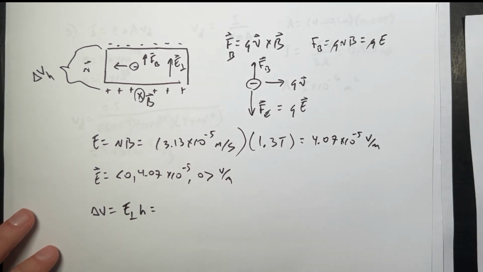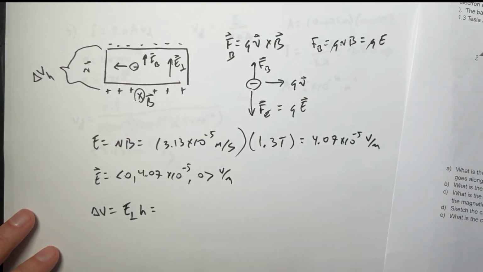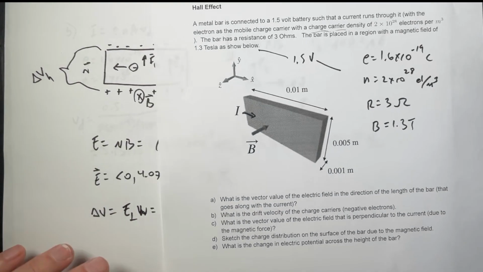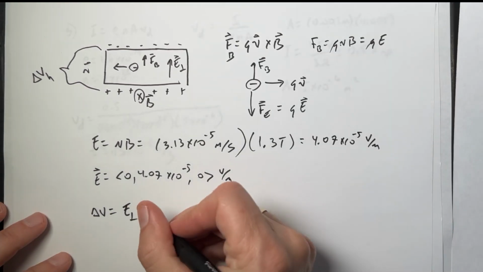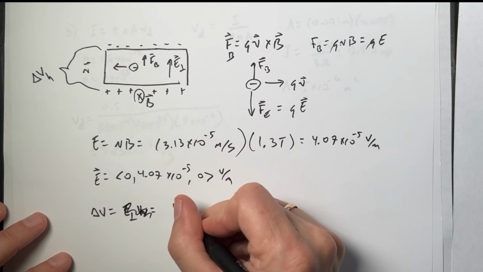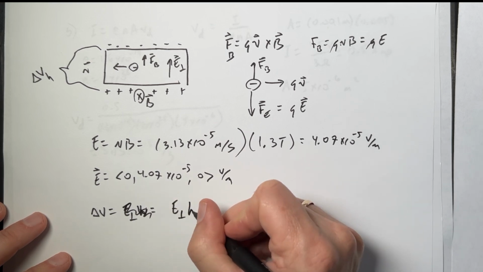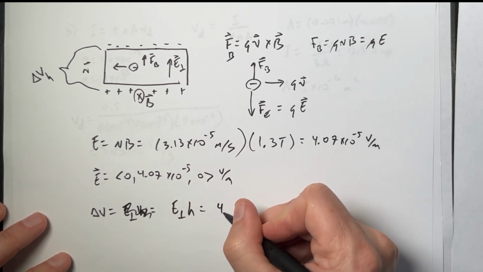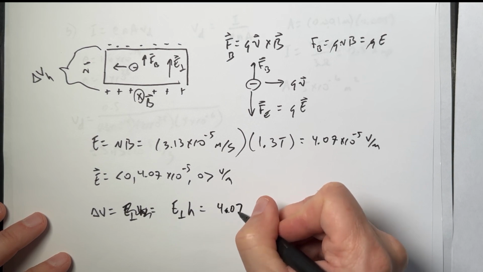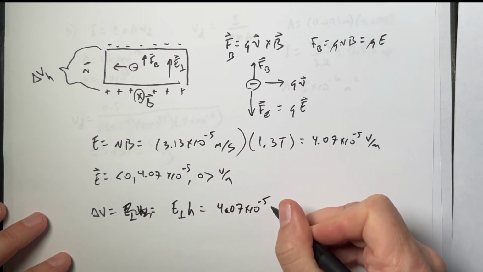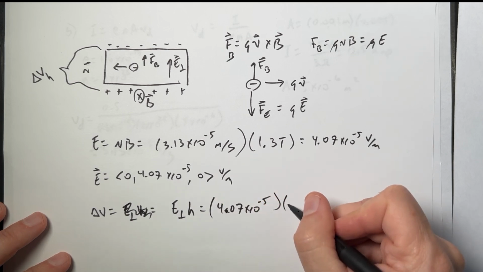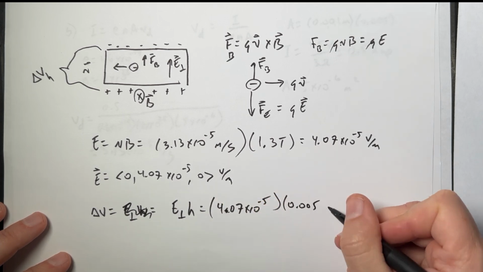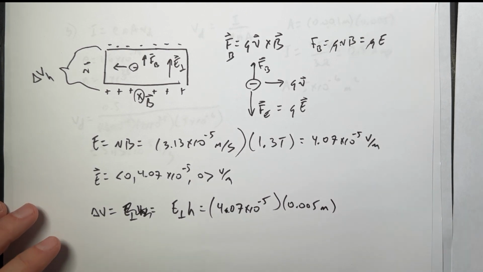I want the change in potential across the height. I did say height. Okay, that's fine. E perpendicular height. It's going to be 4.07 times 10 to the negative fifth times the height, 0.005 meters.